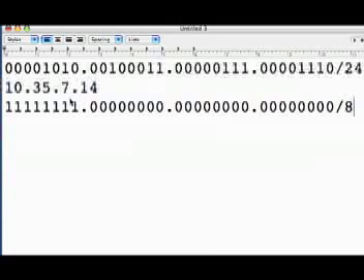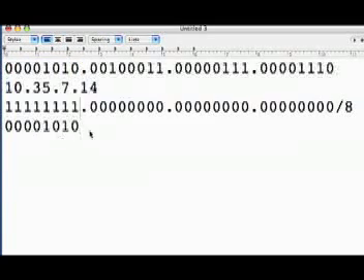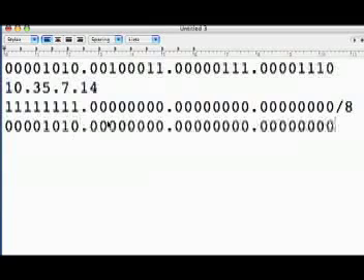So if we did a bitwise AND between this IP address at the top, which is really 10.35.7.14, and 8 ones and then all zeros, what we'd end up with is 00001010, and then all dot zeros, because anything AND 0 is 0. That's why it's called a mask. So this is the network.